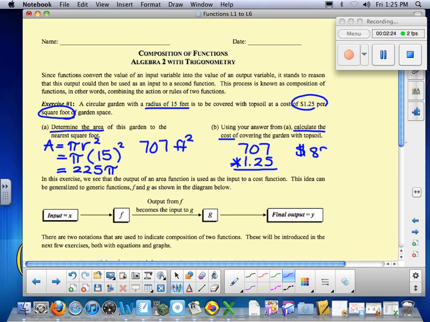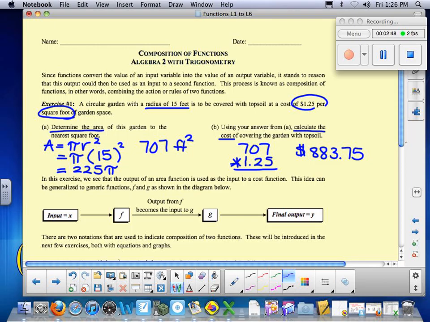I have $883.75. Anyone disagree with me? Well, then you have to add tax in that too. You're absolutely right. The actual cost is probably going to be different, but this is kind of a ballpark figure to get us started. Okay, so it was a two-step problem.